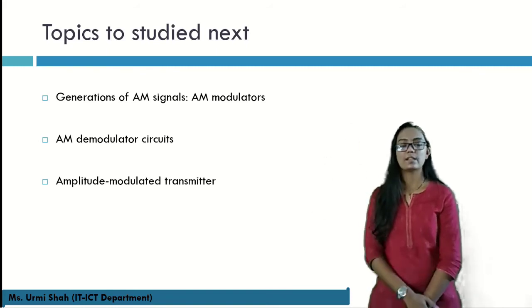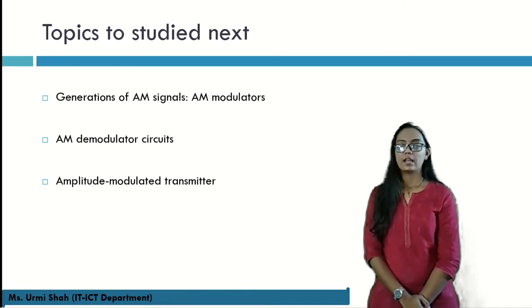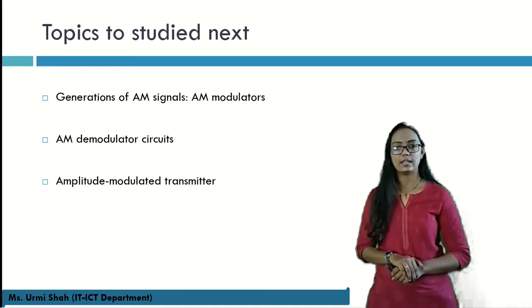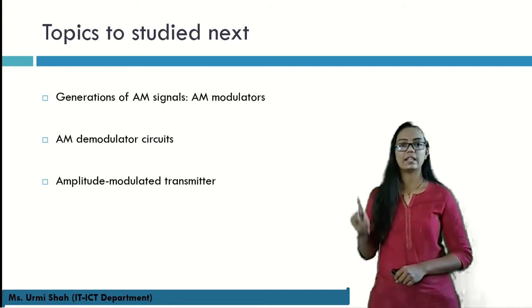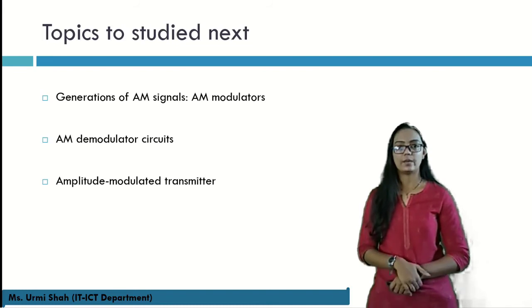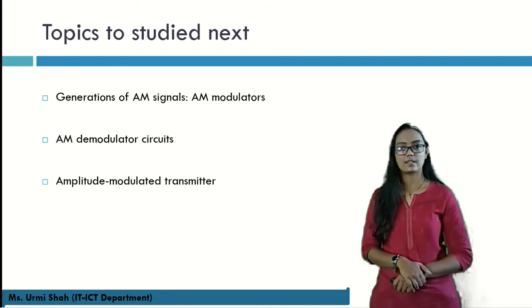These are the topics we will study in the upcoming sessions. In today's session, we have studied the variations of the amplitude modulation scheme: DSB-FC, DSB-SC and single sideband. These are the three variations we have seen in this session.